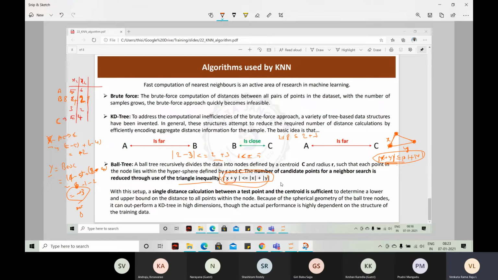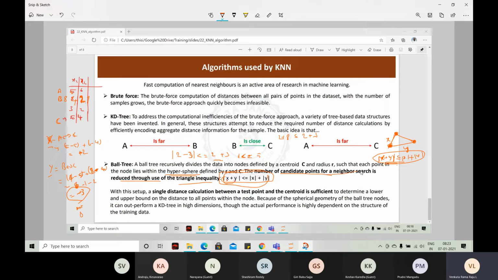The point here is that triangle inequality is going to be there. The data point is going to look at the distance between the centroid, and then choose the set of values, and only in that hypersphere it is going to choose the data points and then calculate the distances. The distance calculation space is reduced by using the hypersphere.